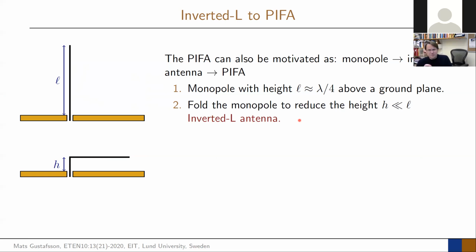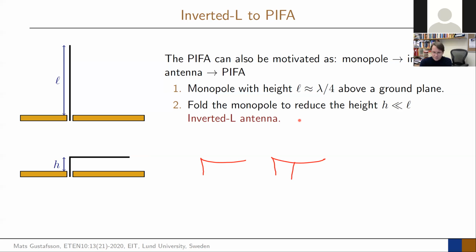And then, of course, just think about the name. What is then an inverted F antenna? If this is an L, now you should have an F. What is an F? You have to add one more pin that goes down. Then you get an F instead. So that is where you get an inverted F antenna. And then you can ask which one should be fed and which one should be short-circuited.